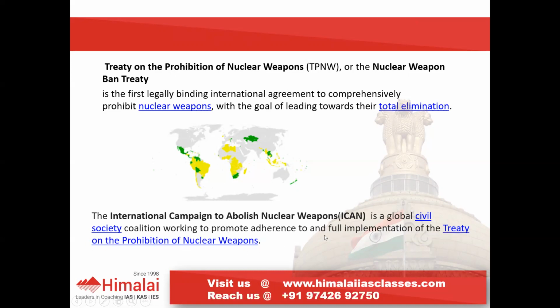In fact, this was the society behind bringing this treaty. It always fights against nuclear weapons, and for that struggle ICAN got the Nobel Peace Prize in 2017.